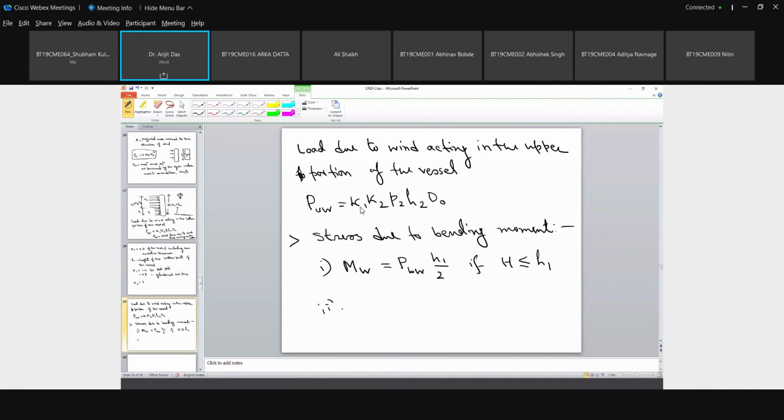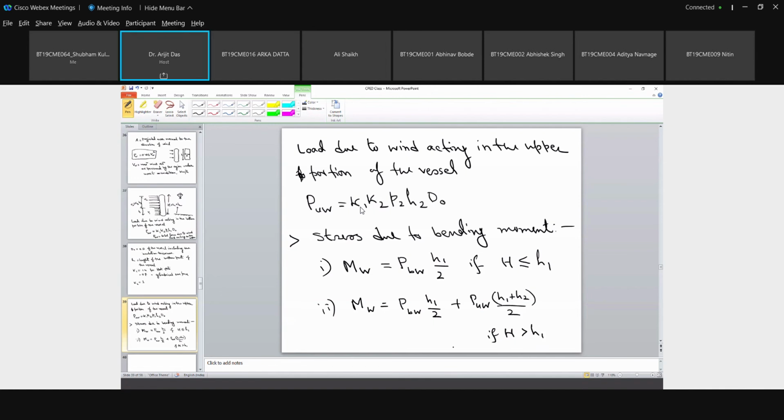And otherwise, what will it be? The bending moment will be PBW into (H1 plus H1 by 2) plus PUW into (H1 plus H2 by 2), if capital H is greater than H1.